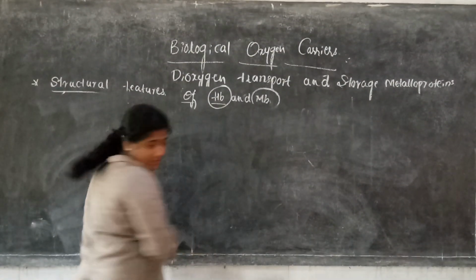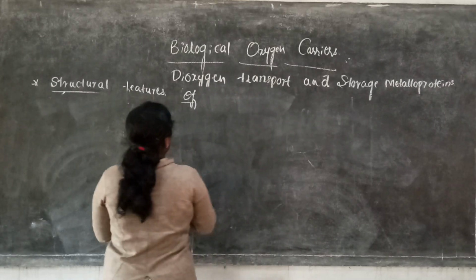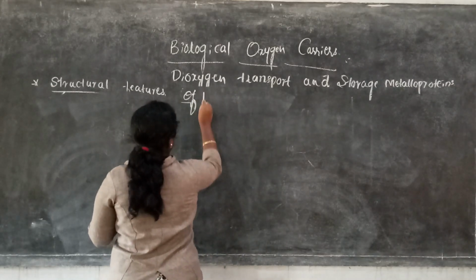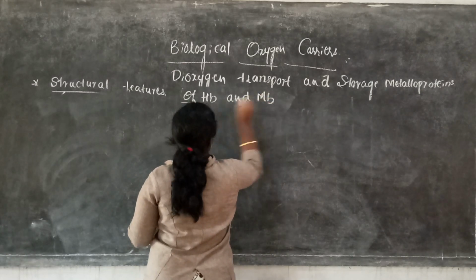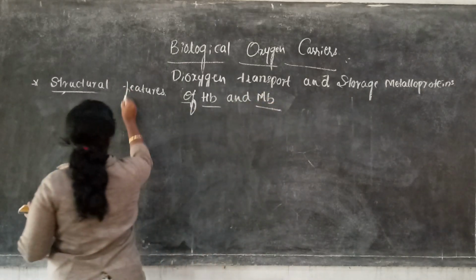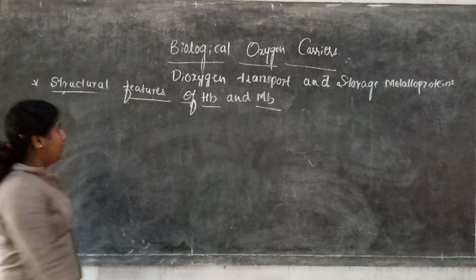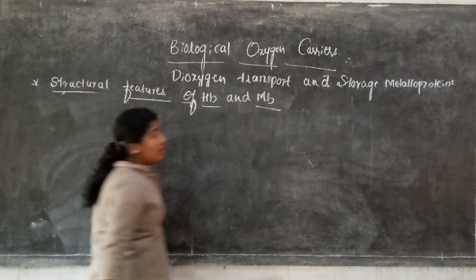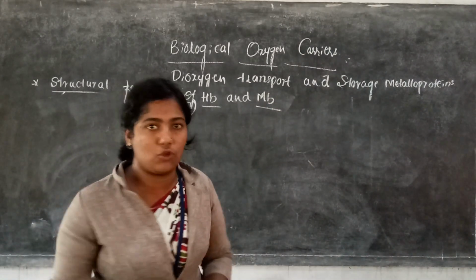In hemoglobin and myoglobin, there is only one unit of this heme prosthetic group.